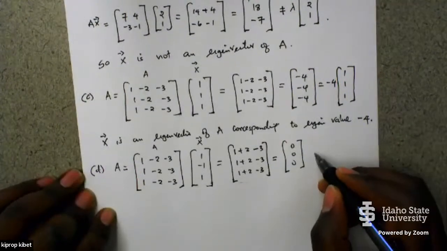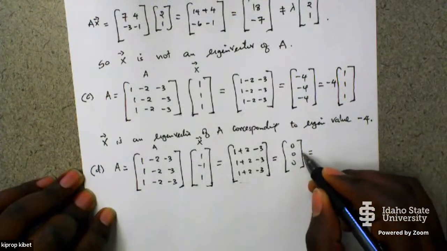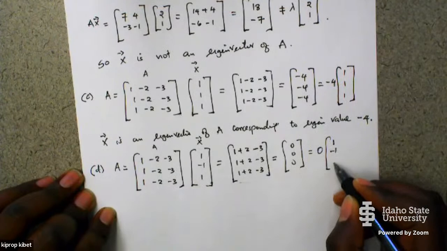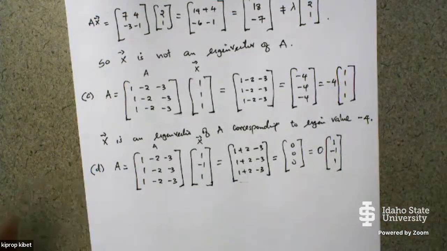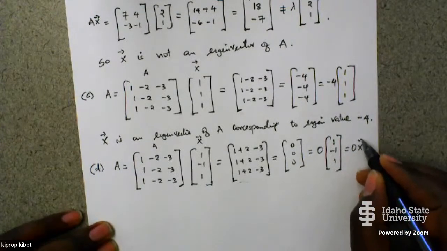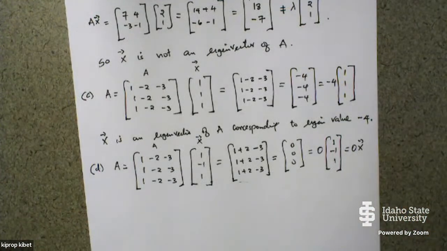So then this is similar to, we can factor out 0, and this is [1; -1; 1]. We can factor out 0. So actually, this is equal to 0 times x. That is the same as 0 times x.